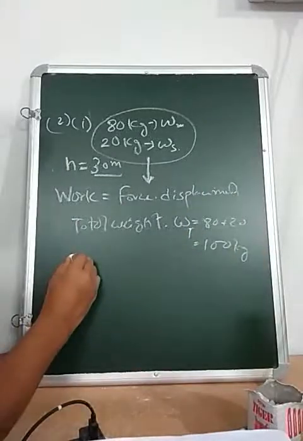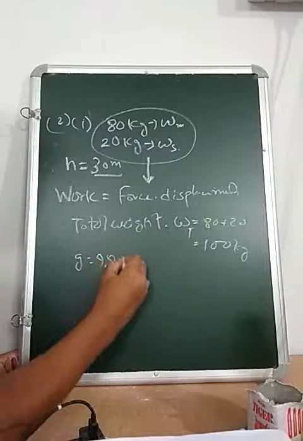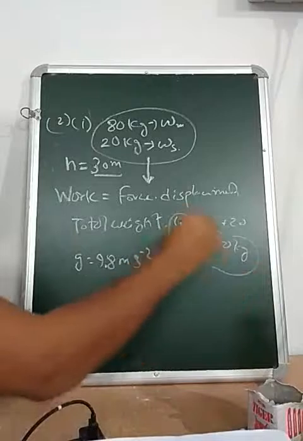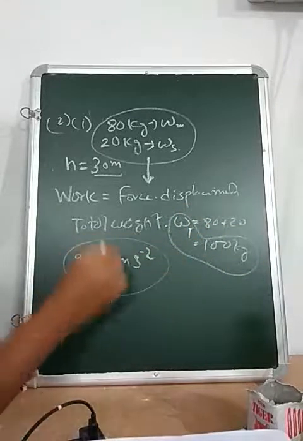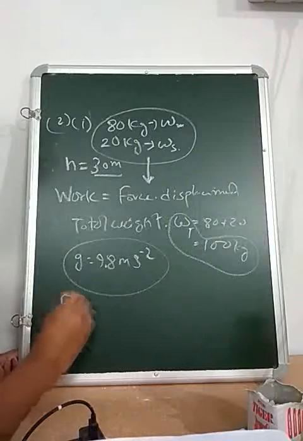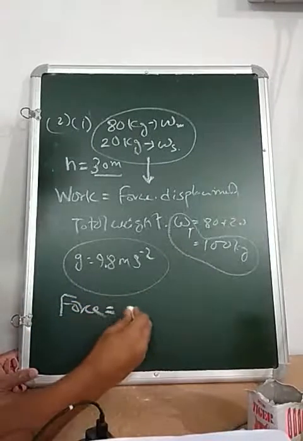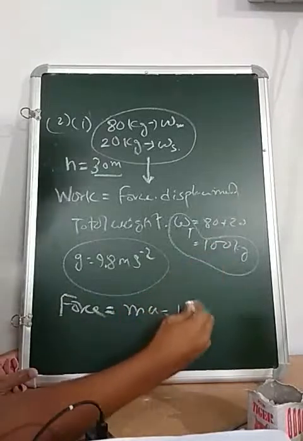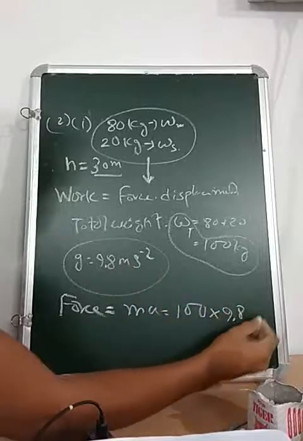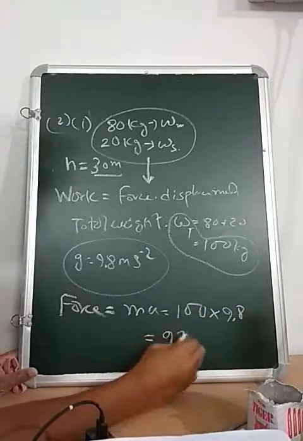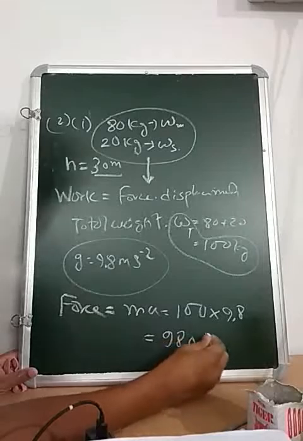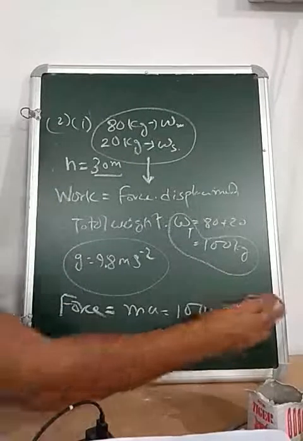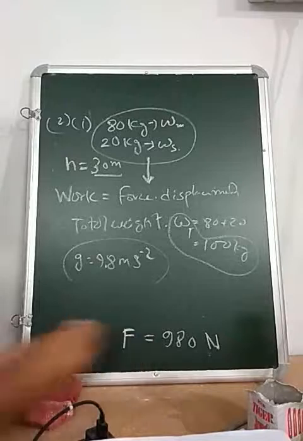And we know the acceleration due to gravity g is 9.8 meter per second squared. So the force on the system is M into A, total mass 100 kg into 9.8, so it will be 980 Newton. This is the force acting on the system.